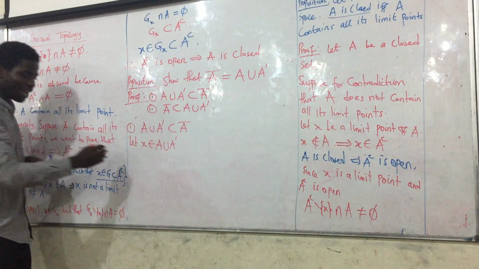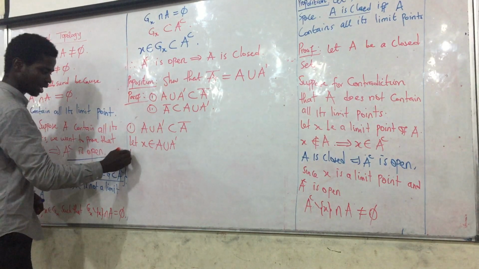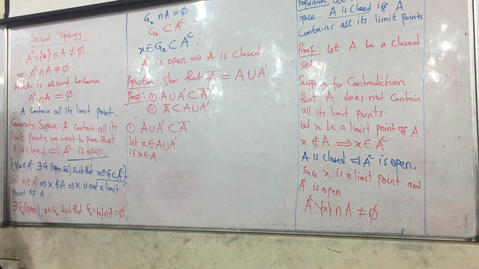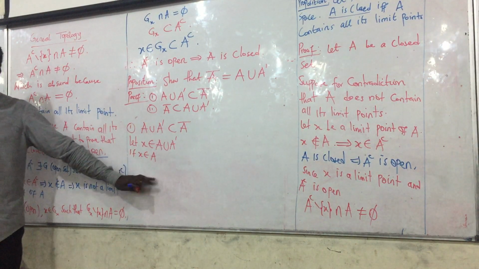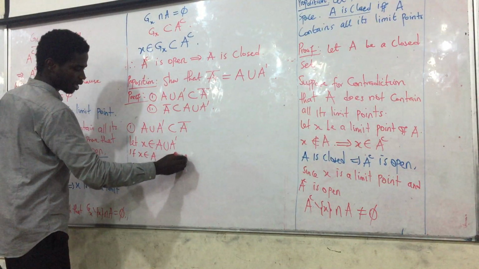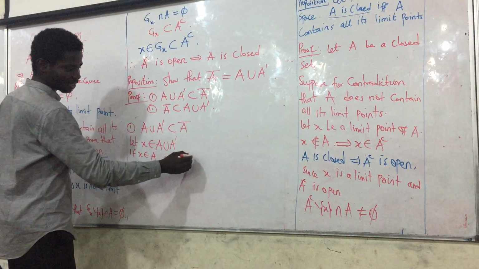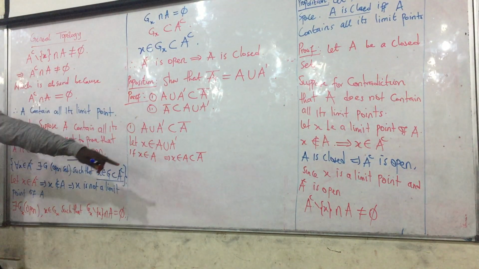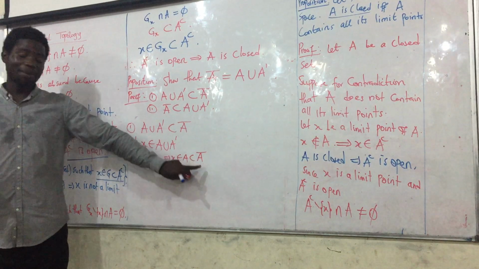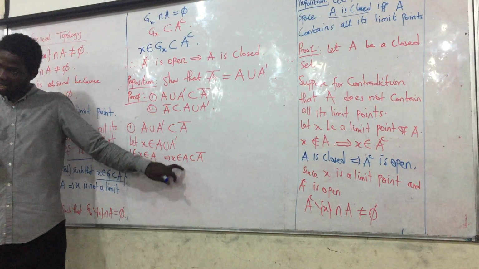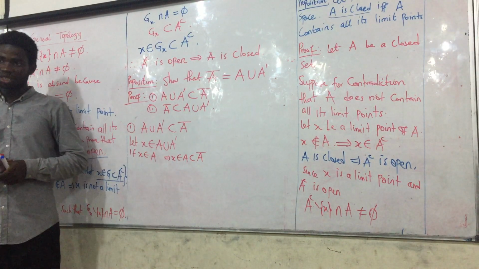Now, let's say S belongs to A. If S belongs to A, what happened? Obviously, S belongs to A, and don't forget, A is inside the closure. I've given you this one before, that A bar is the smallest closed set containing A, isn't it?